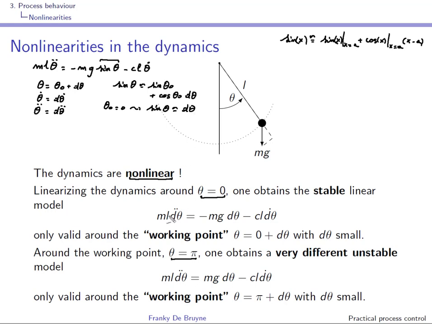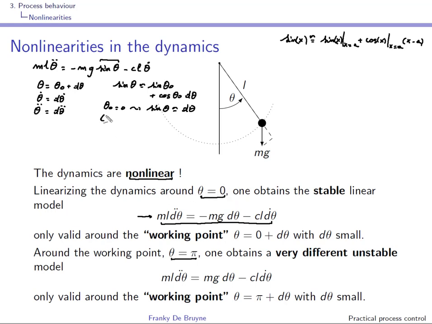If we inject this in this nonlinear differential equation, and we replace sine theta by d theta, theta dot by d theta dot, and theta double dot by d theta double dot, we have the linear differential equation that describes the variation d theta around this working point.